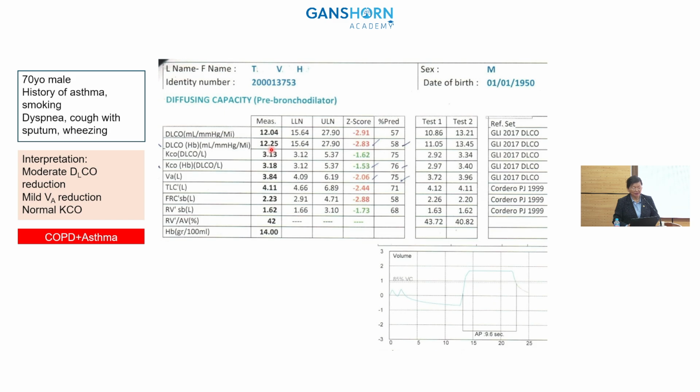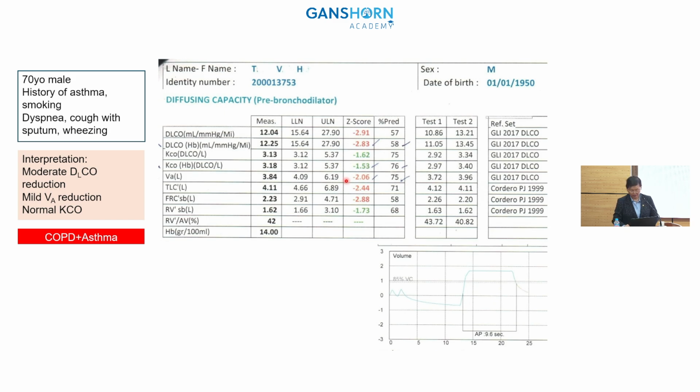And the most important one is the DLCO. The DLCO is low. It's low, a moderate decrease. But the KCO is normal, but the alveolar ventilation is low.